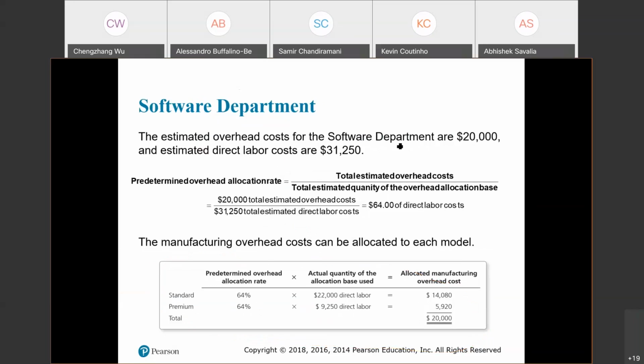We do a similar calculation in the software department. As I said, the primary cost driver for the software department is determined to be direct labor cost.